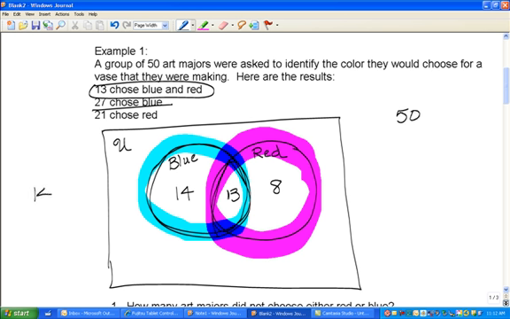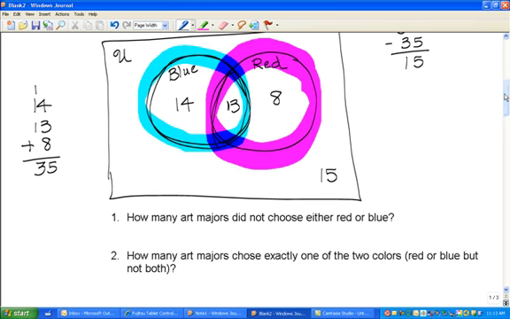Well, let's add 14 plus 13 plus 8. No, we only have 35 in the diagram thus far. So I want to figure out how many are outside the circles. That's going to leave 15 to go outside the circles. That means they didn't choose blue or red. They chose some other color.